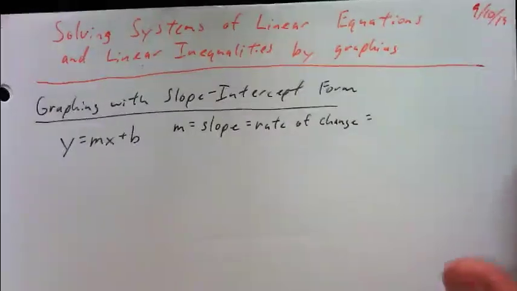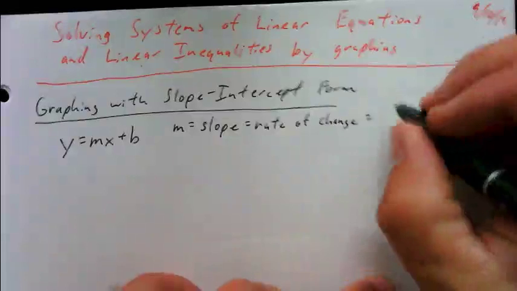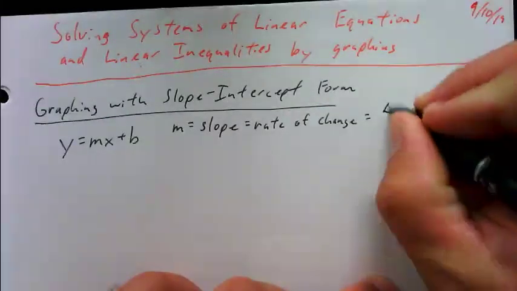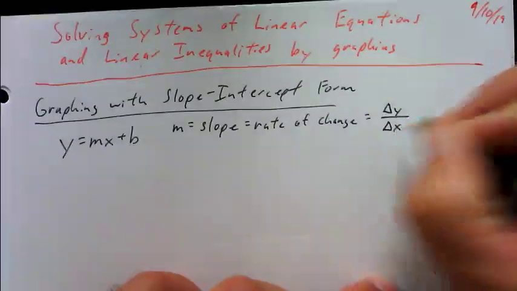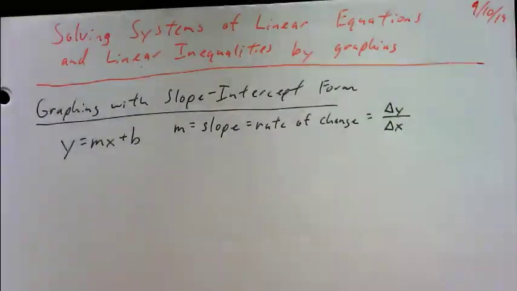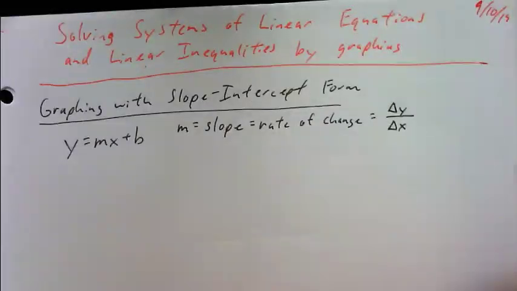We can also talk about it in terms of the change in y over the change in x. So I'm going to put the little delta symbol. It's a triangle. Change in y over change in x. If you want to write out the word change, that's fine too. But delta means change.